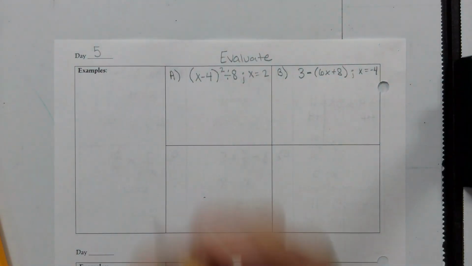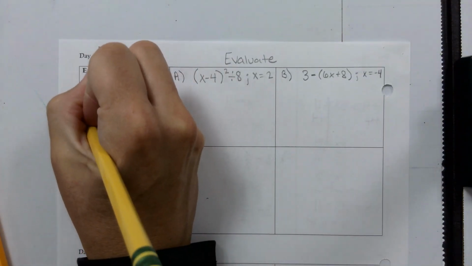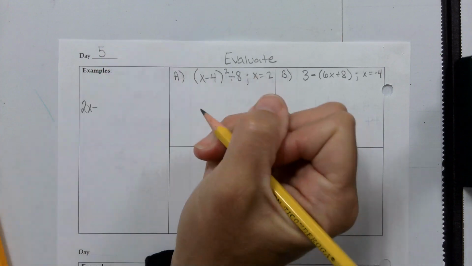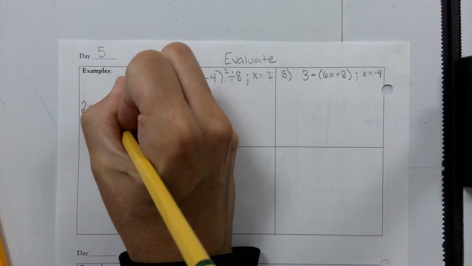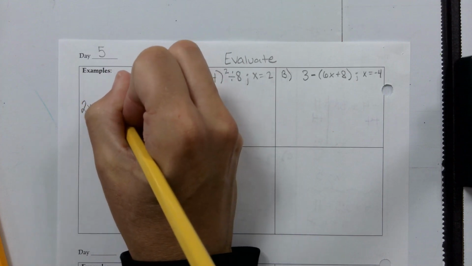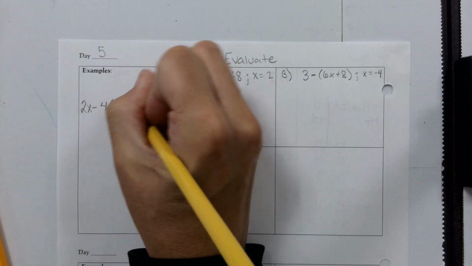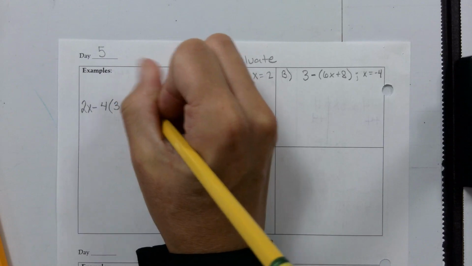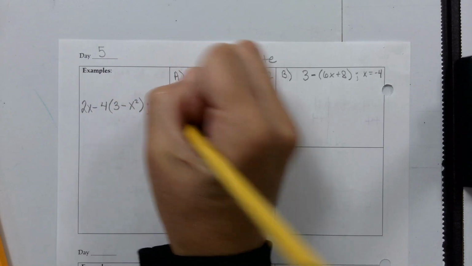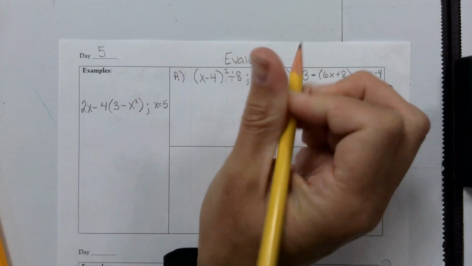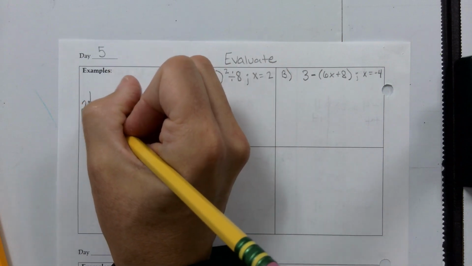Now let me work a problem out for you so you can kind of know what's going on here. So here's my example. 2x minus 4 times (3 minus x squared). And that's when x is 5. So what we're doing when we evaluate is we're taking the number 5 and we're replacing the x.